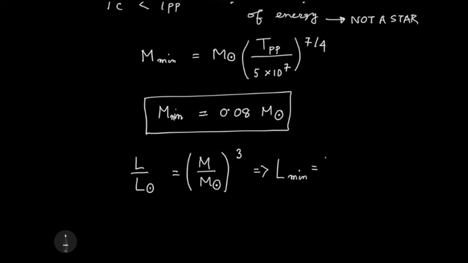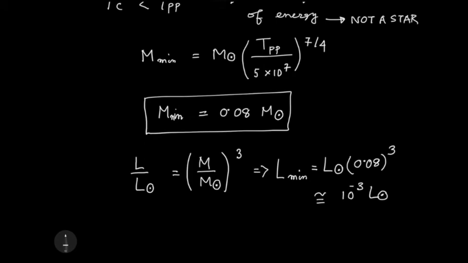So the minimum luminosity I can now calculate in terms of the solar luminosity. Here I have to put M minimum, which is 0.08 solar mass. So this is 0.08 whole cubed, which is of the order of 10^-3 solar luminosity.